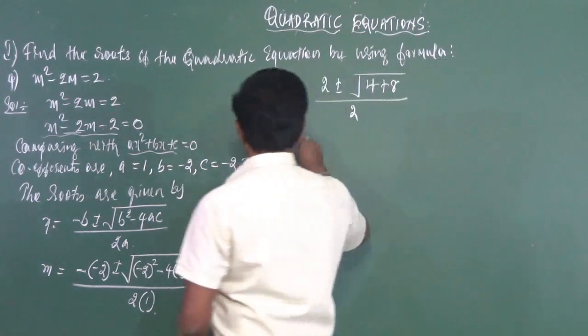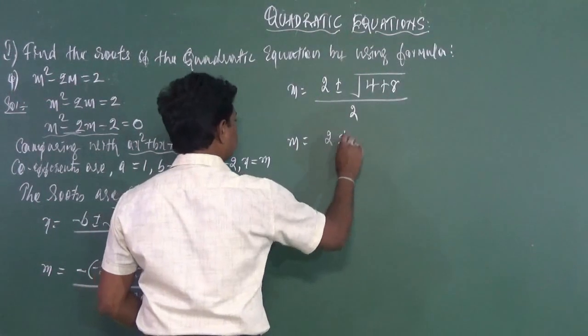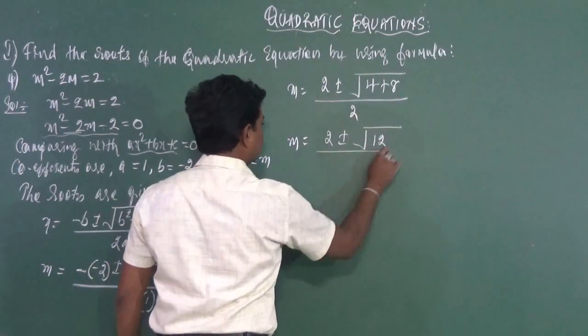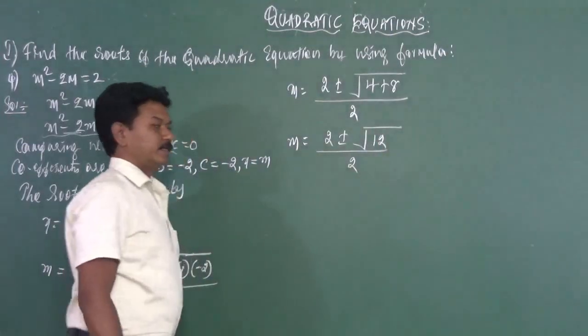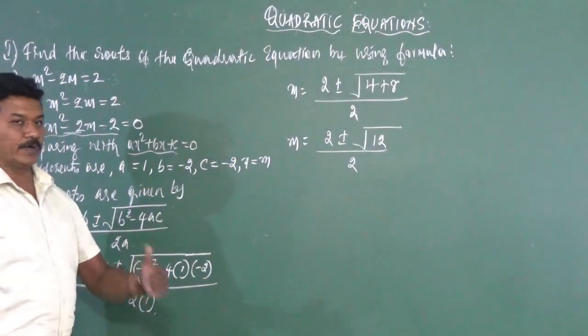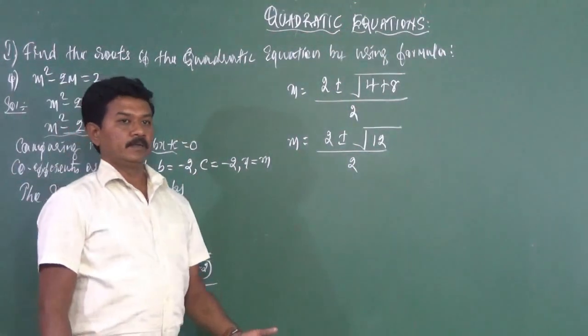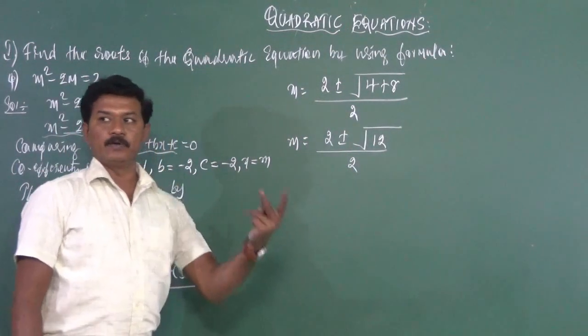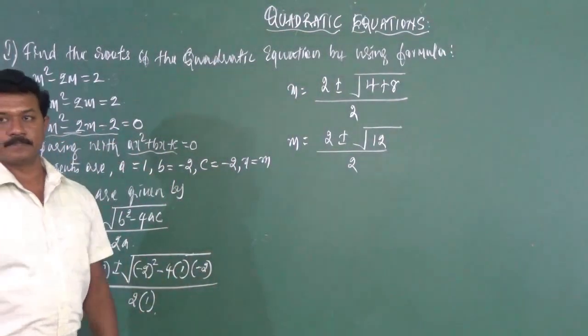So m is equal to 2 plus or minus square root of 4 plus 8 is 12, divided by 2. You have to write 12 in such a way that it's a product of two numbers, where one of the numbers should be a perfect square.